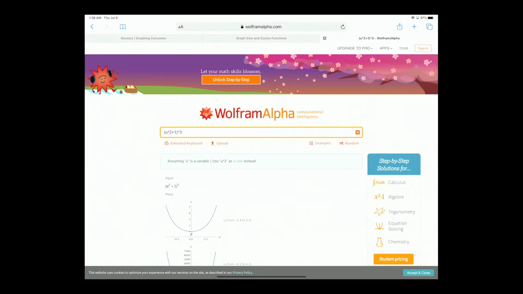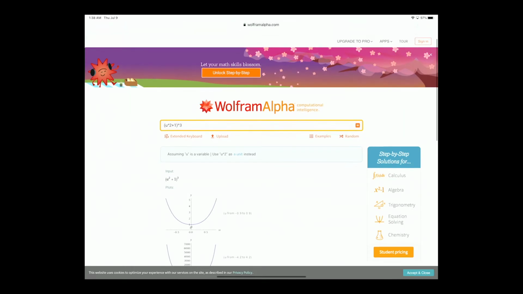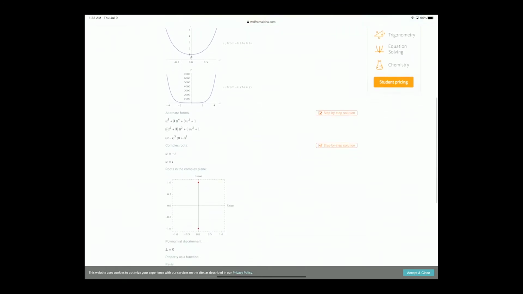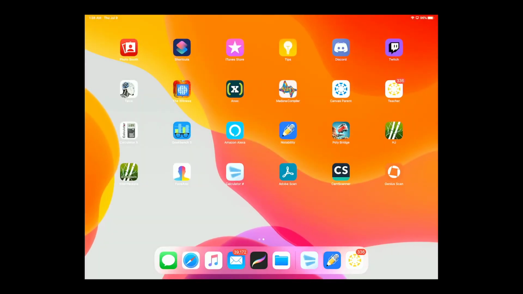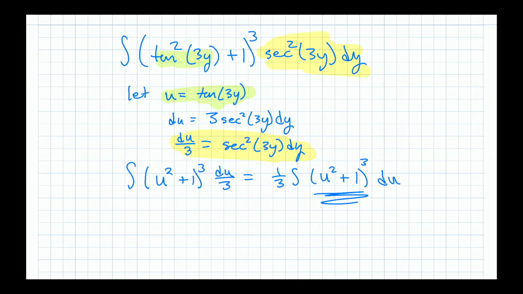And if I scroll down a little bit, it should tell me what I get when you multiply this all out. There it is. So it's just u to the 6th, and then 3u to the 4th, 3u squared plus 1. So u to the 6th, I'm never going to remember that.